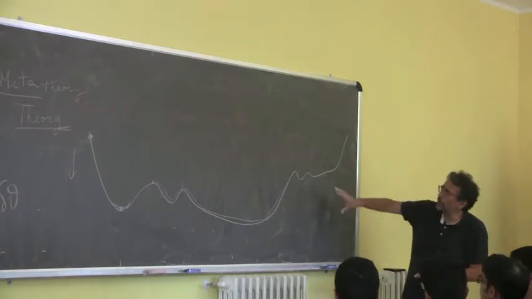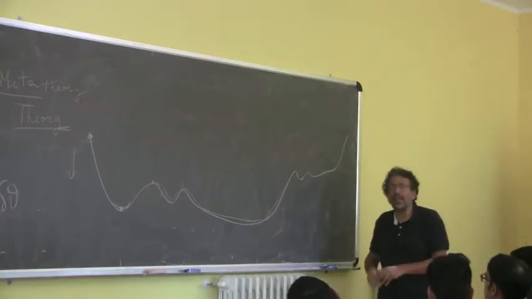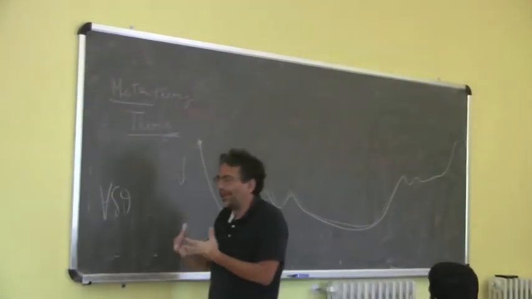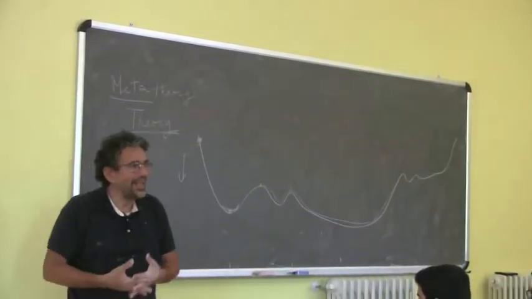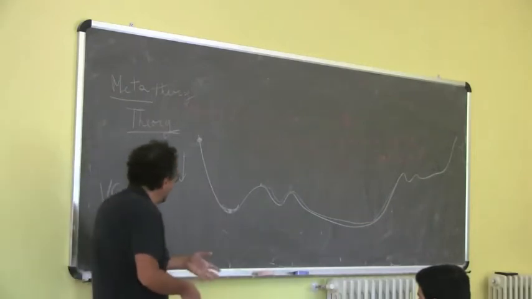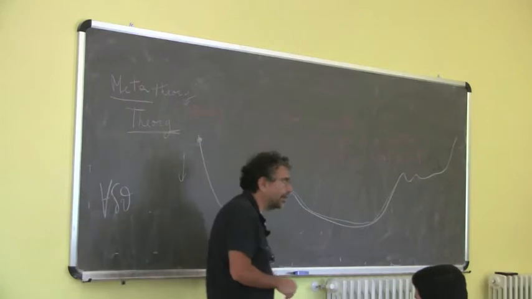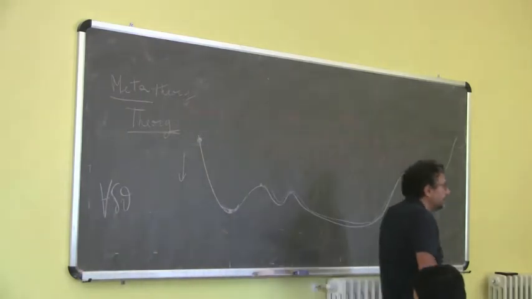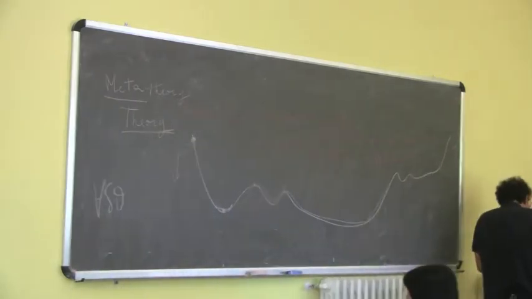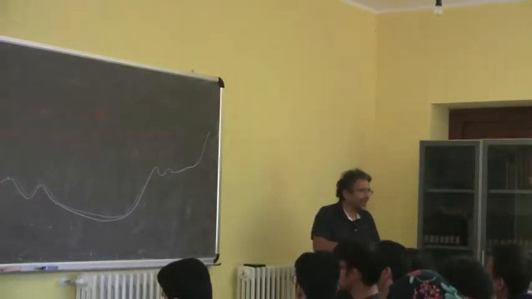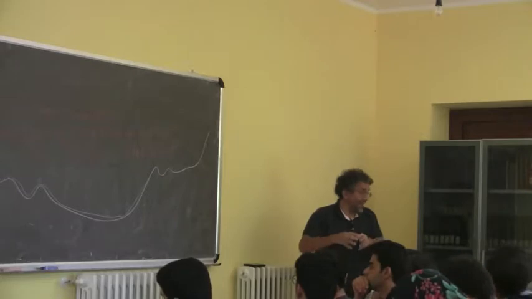However, what is clear is that if you have a total energy, your system is in equilibrium in maxima or minima, okay? And stable equilibrium is attained when you have minima.